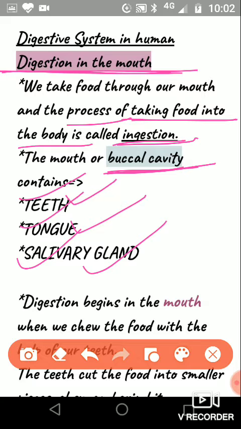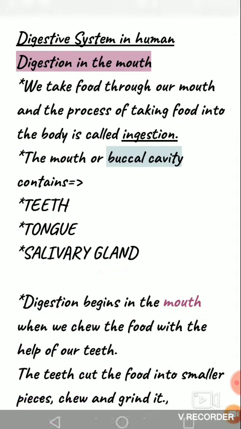What basically happens is that digestion starts from the mouth itself. It does not mean that we only take the food into the mouth; when you take up the food, digestion starts. It starts from the mouth itself, but it is not complete digestion, only partial digestion takes place.